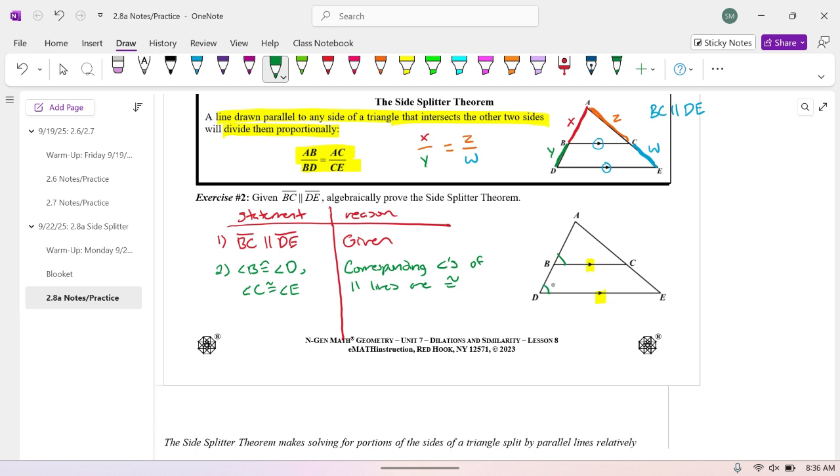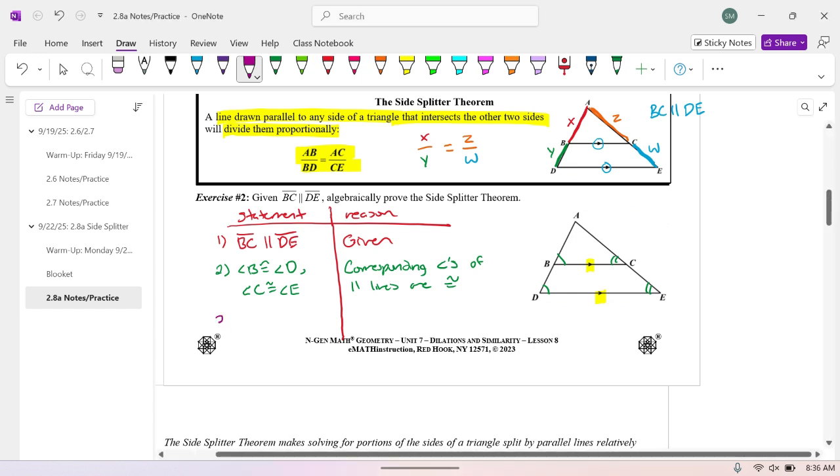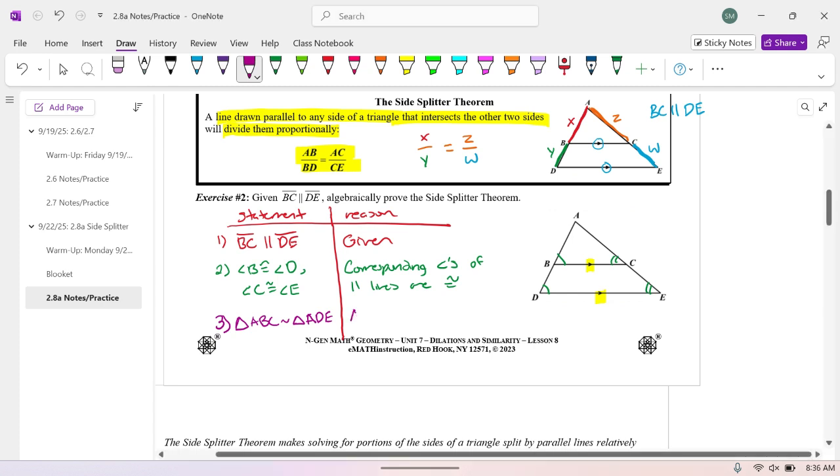So these two angles are congruent, and these two angles are congruent. Thus, we can say triangle ABC is similar to triangle ADE because of angle.